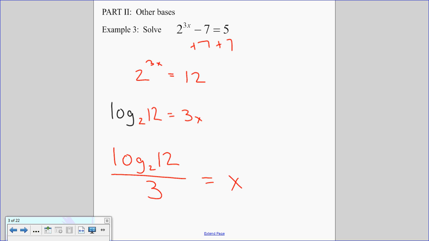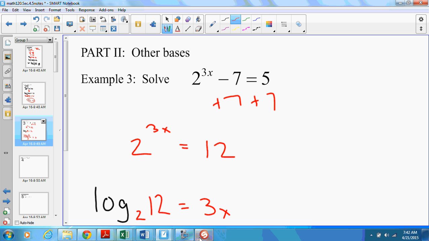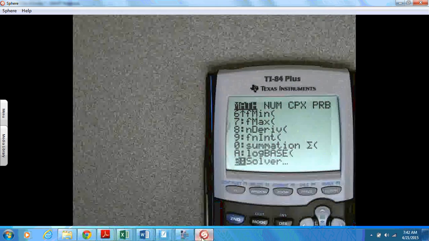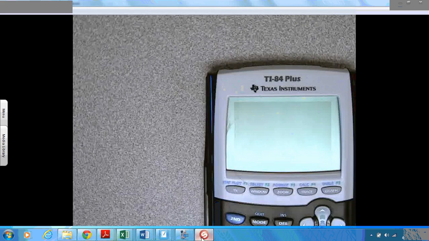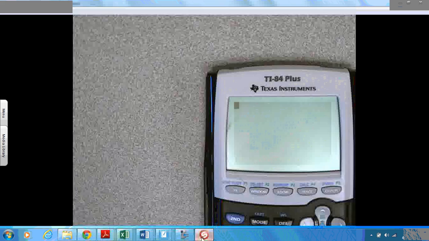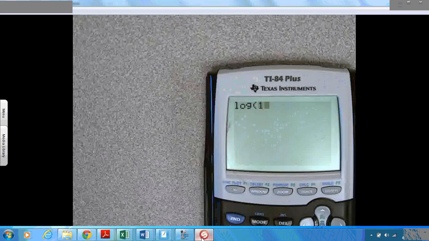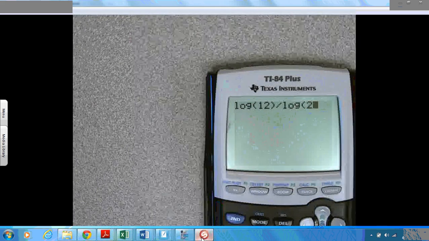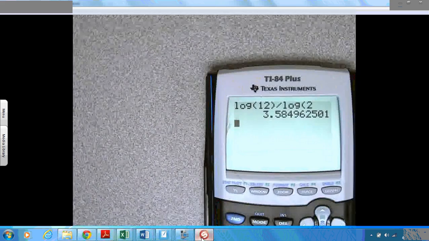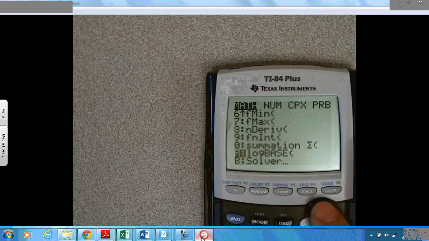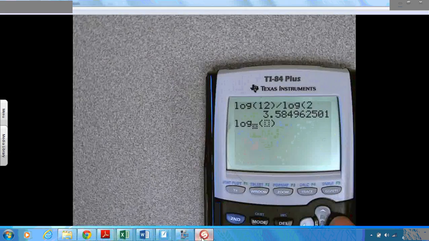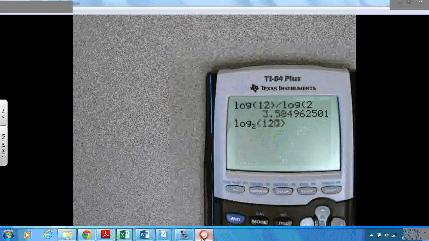And that's x. However, sometimes we ask for the decimal form, so can you execute that? Let's do that on the calculator. Suppose I'm stuck with a calculator without that magic log base feature. I need log base 2 of 12. That's log of 12 divided by log of 2. Just to show you, if I go to math and use log base, and I do log base 2 of 12, I get the same number.